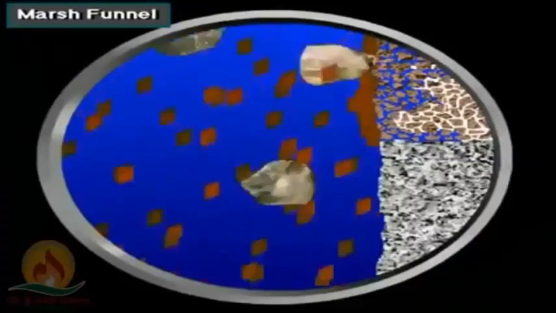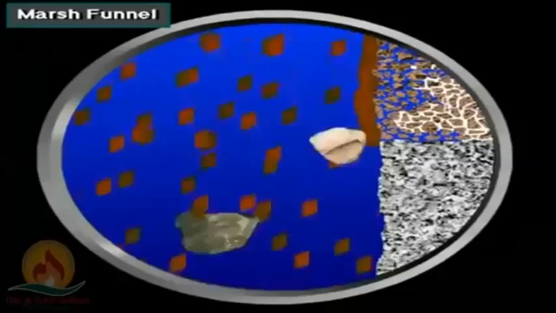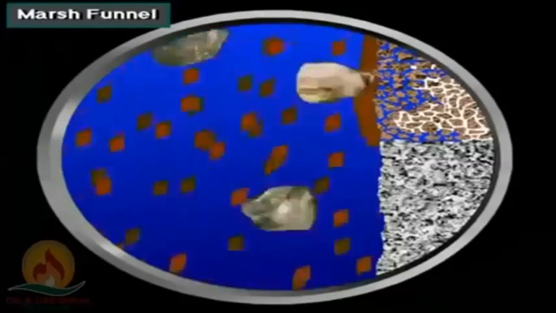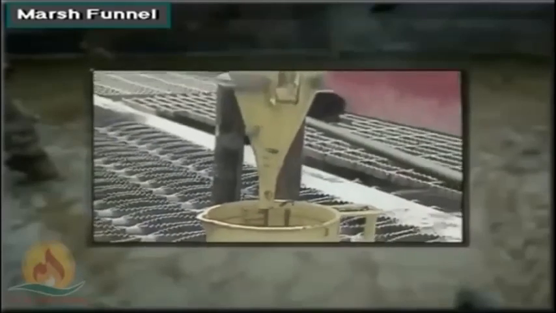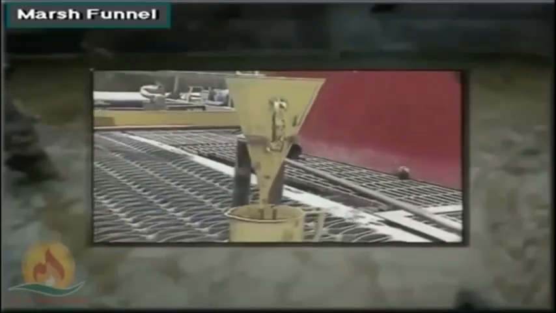The mud's viscosity determines how well it can carry cuttings up the hole. One measure of a mud's viscosity is its funnel viscosity. That is, how many seconds does it take exactly 1 quart of mud to flow out of a special funnel called a marsh funnel.